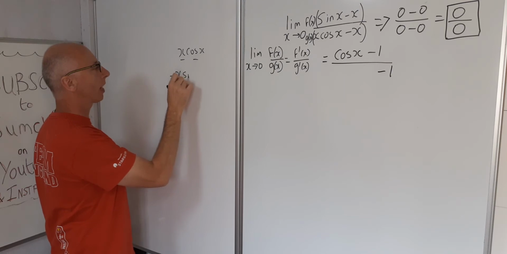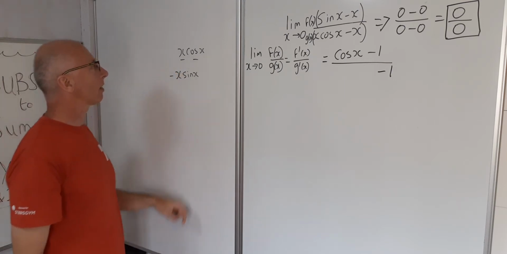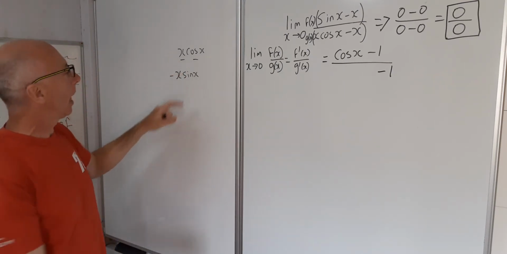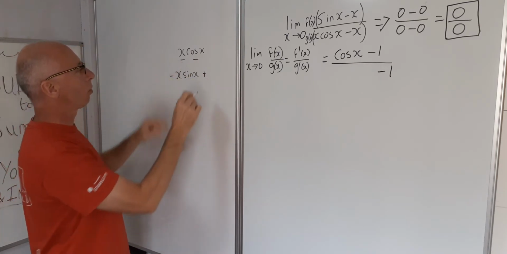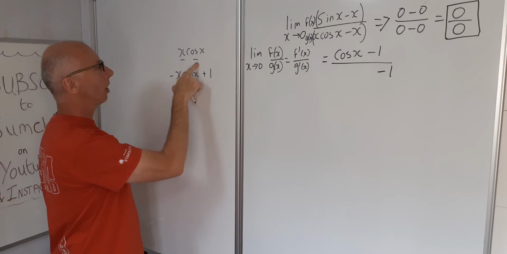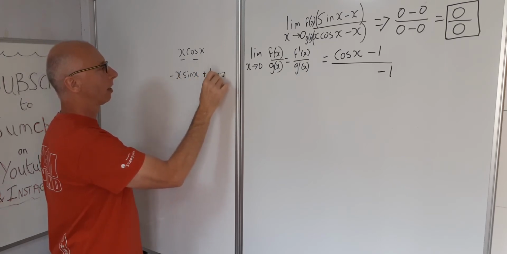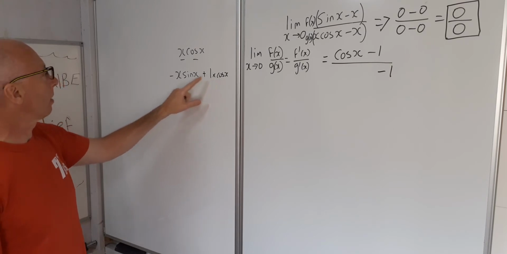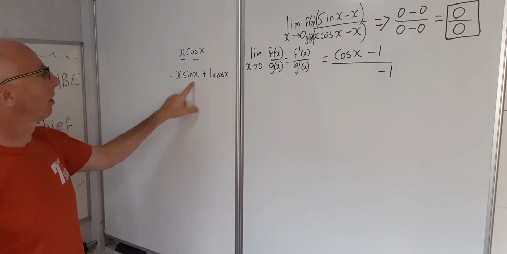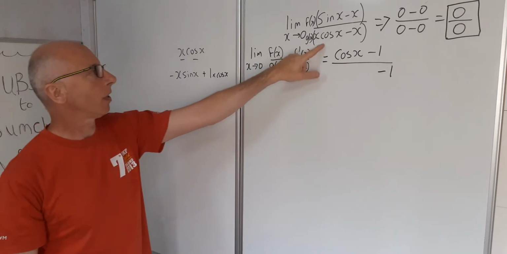So let's bring the minus out here and put sine of x, and then add that to the derivative of x, which is 1, and just leave cosine x as it is. So if we write cosine of x minus x sine of x, that's our derivative of this function here.